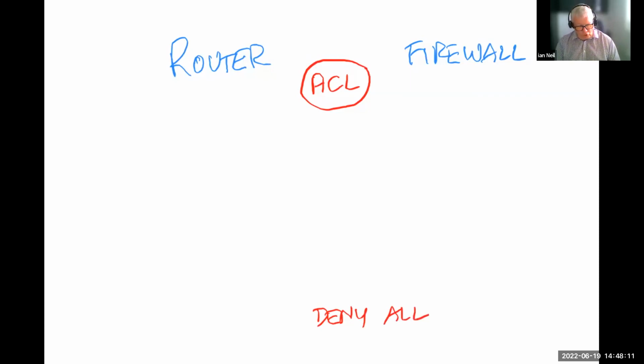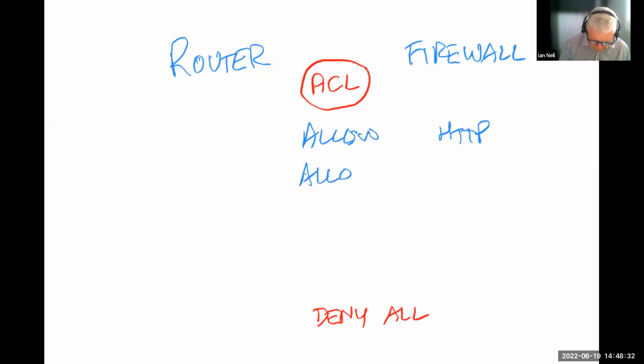So what you need to do with a firewall or a router, you need to allow some ports. So let's say it's a firewall, and I can go allow HTTP, or I can go allow the port number, which is 80.